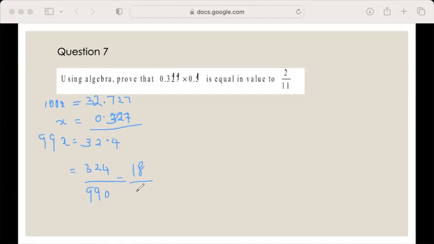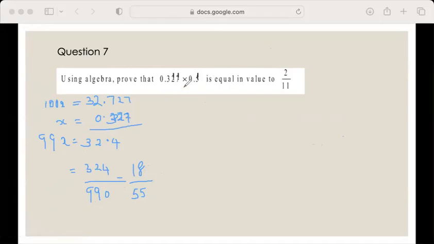And 990 divided by 18 is 55. Okay. So the simplest form of the first one in fraction form is 18 over 55.